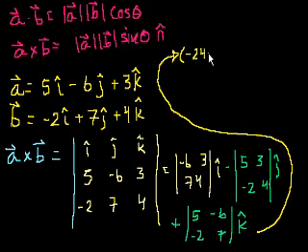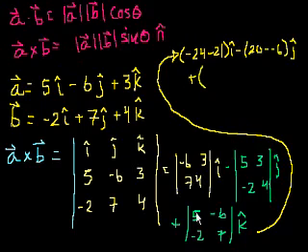Minus, 5 times 4 is 20, minus 2 times 3, so minus 6, J. Plus 5 times 7, 35, minus 2 times minus 6, so minus positive 12, K.